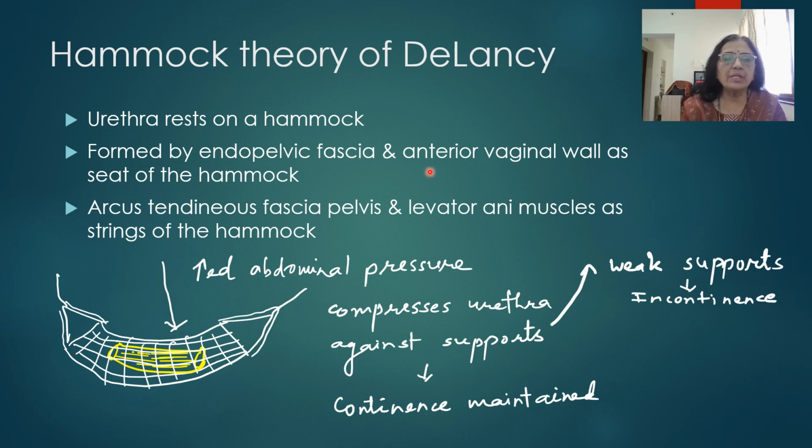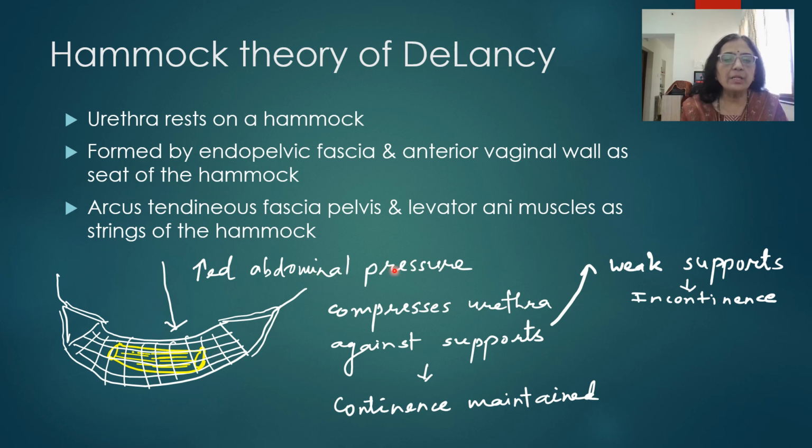As long as the anterior vaginal wall and endopelvic fascia are strong and in normal position, the hammock has its strings by the arcus tendineus fascia pelvis, which is attached laterally to the vagina, as well as to the levator ani muscles, supporting the anterior vaginal wall together. So these are like strings. The arcus tendineus fascia pelvis and levator ani muscles are the strings of this hammock, and the hammock itself is formed by endopelvic fascia and anterior vaginal wall.